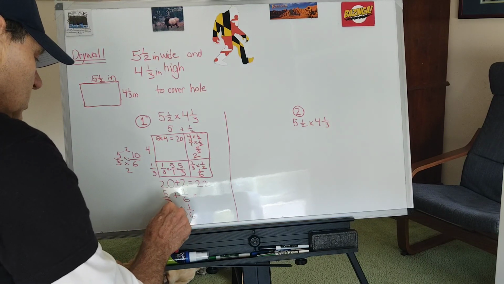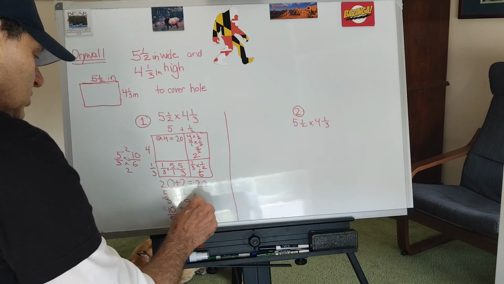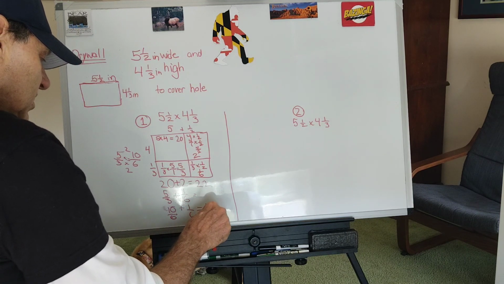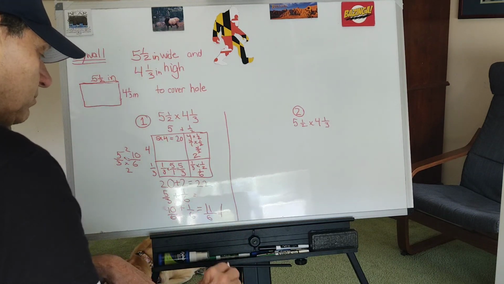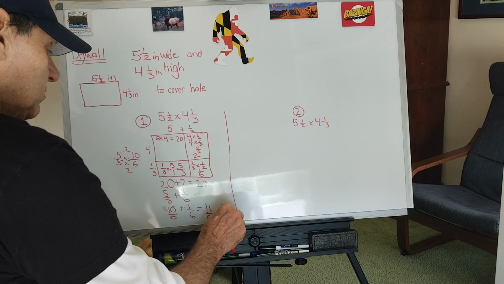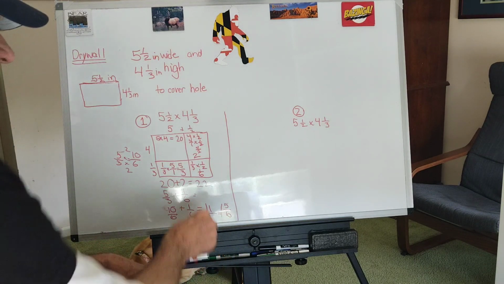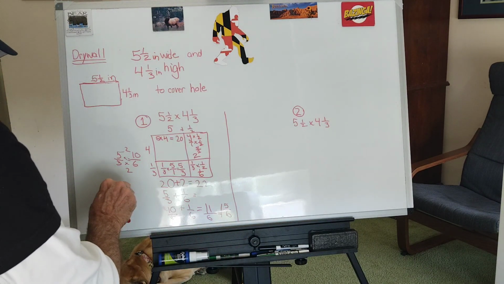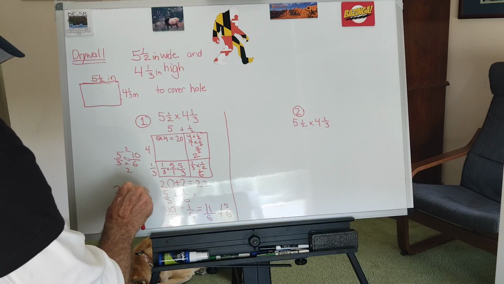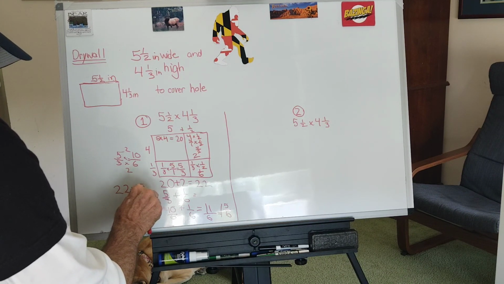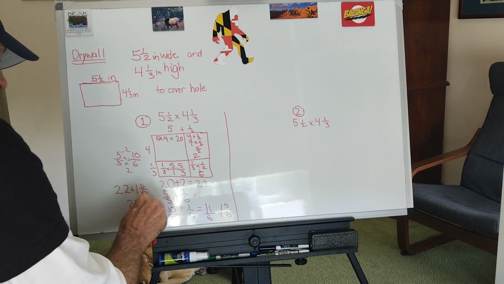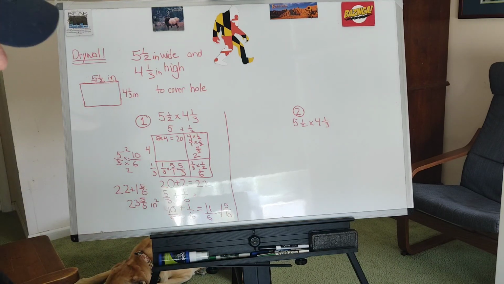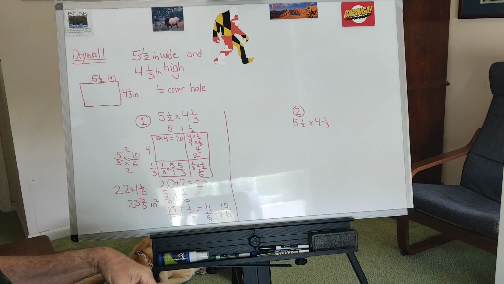So this will be 10/6 plus 1/6 is 11/6, which then we have to change into 6/6 is 1 whole, and we have 5/6 left over. And then we have to add these two together. 22 plus 1 5/6, which is going to equal 23 5/6. This is going to be square inches. Right? That's one way. A lot of steps, but it works.